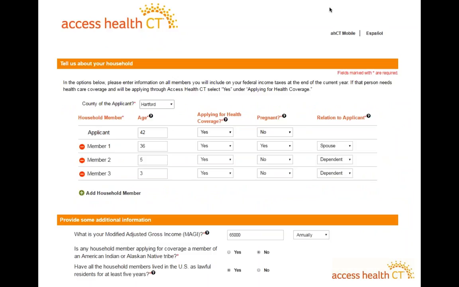The tool asks you a very simple set of questions. What is your county? You most probably chose Hartford, and you have an applicant and members 1, 2, 3. Member 1 is typically the spouse and the rest are dependents. And you say, okay, I'm applying for health coverage.